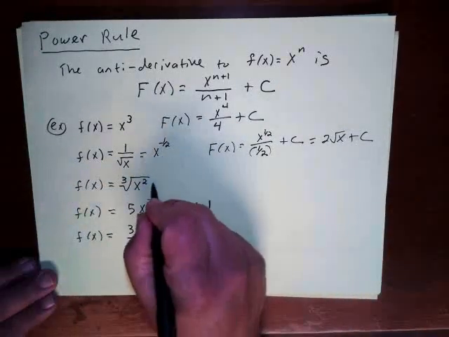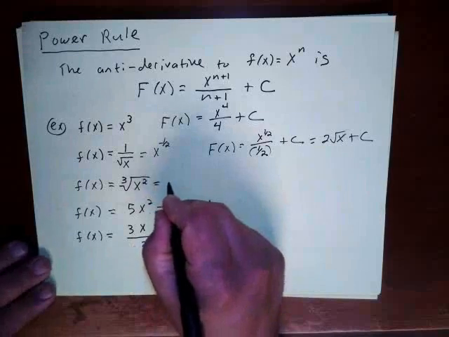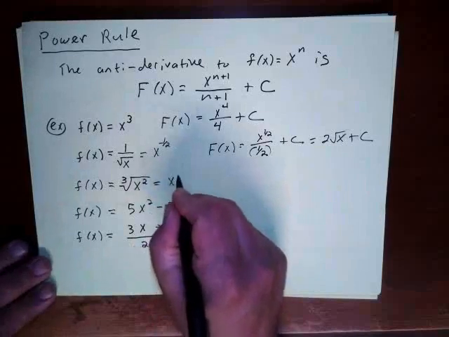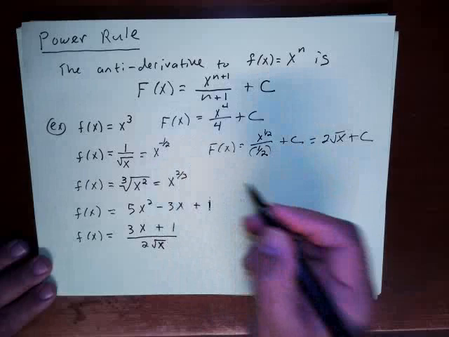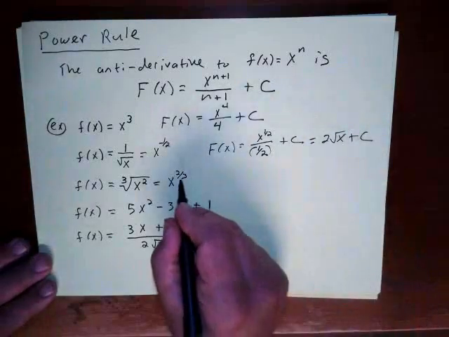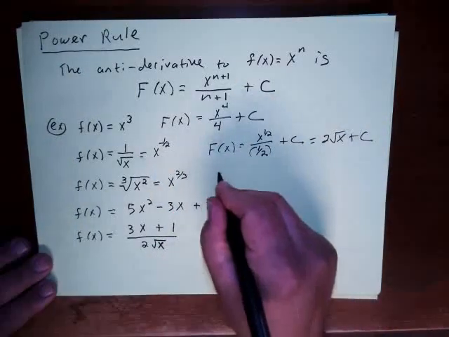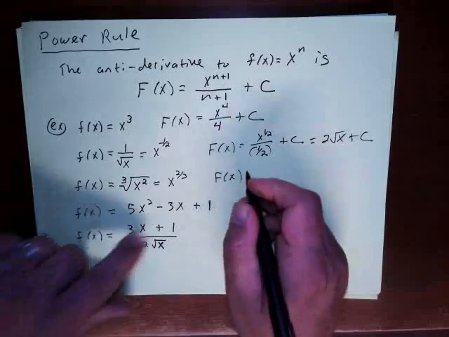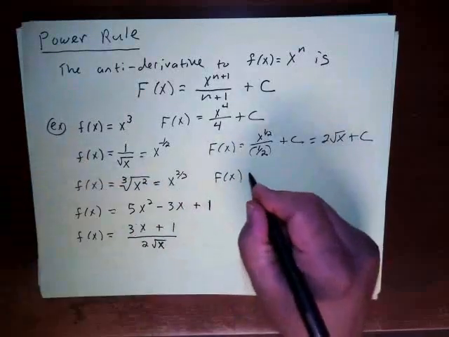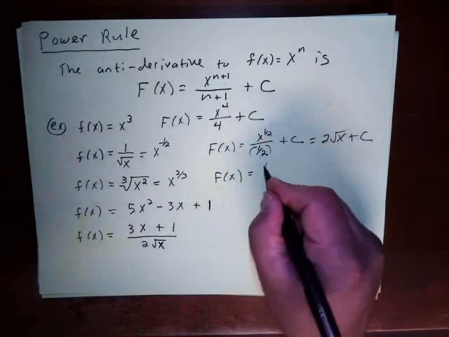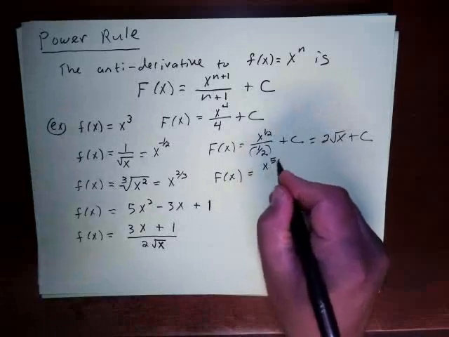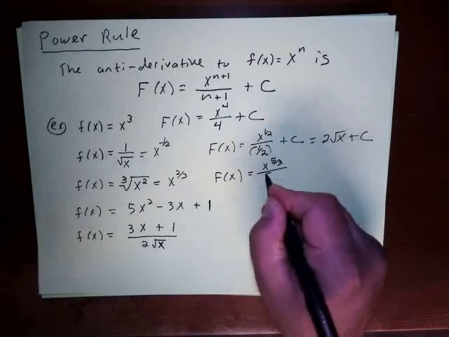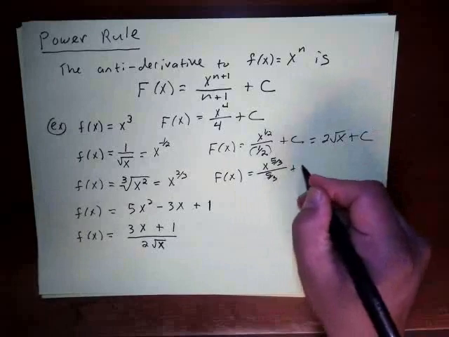Okay, so what about this one? Well, this would be x to the 2/3, right? So if I add 1 to this, that'd be 3/3, I'd get 5/3. So this would be x to the 5/3 over 5/3 plus c.